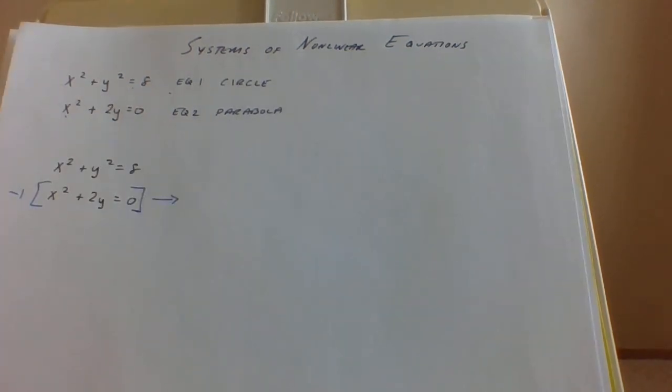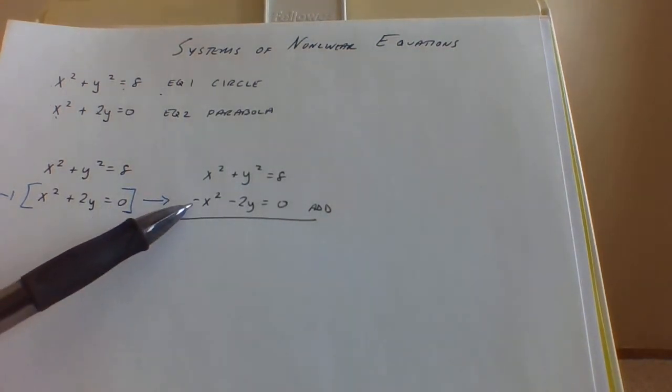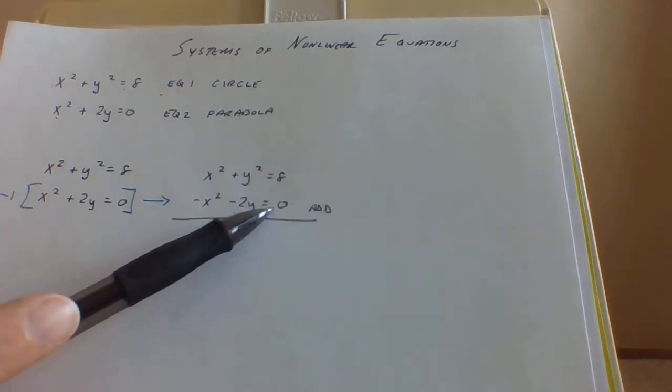I'm going to multiply my bottom equation by a -1, so I can use elimination. I'm going to keep my top equation the same. For my second equation, I'm going to get negative x squared minus 2y equals 0.